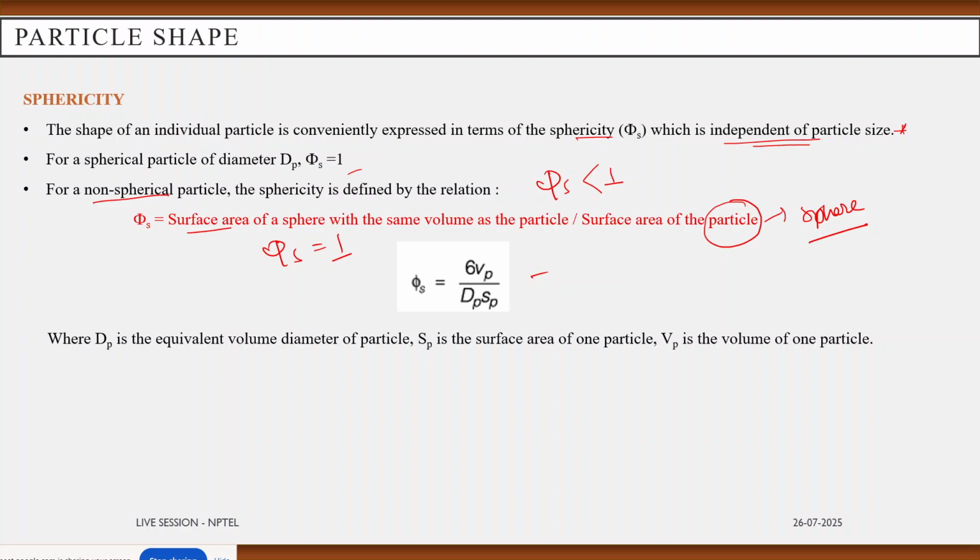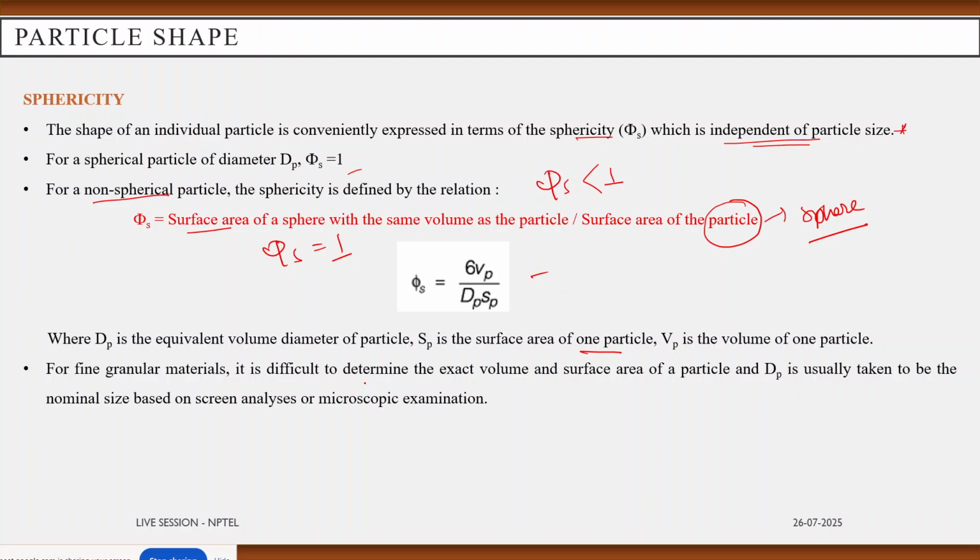So dp is the equivalent volume diameter of the particle, Sp is the surface area of one particle, and Vp is the volume of that particle. For any kind of fine granular material, it is very difficult to determine the exact volume and surface area of a particle.